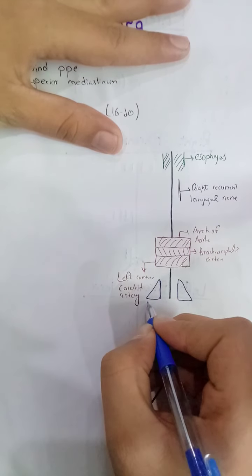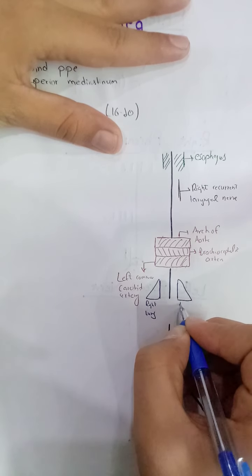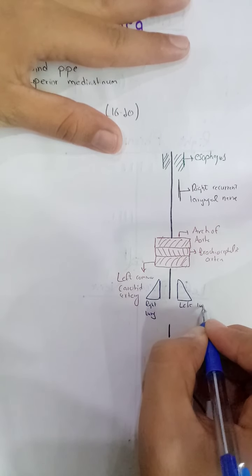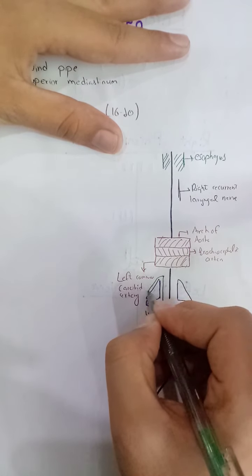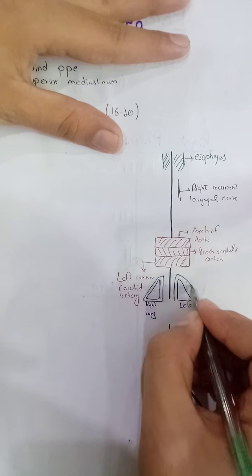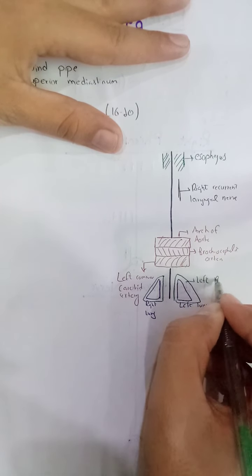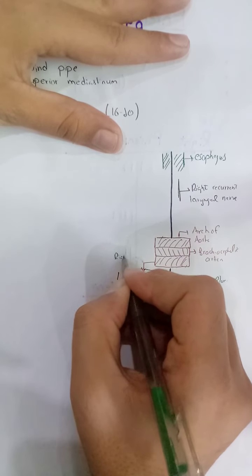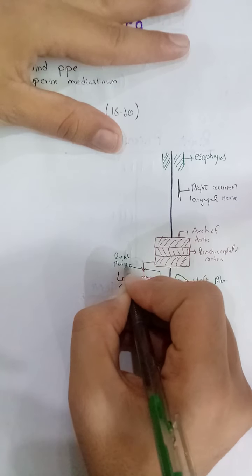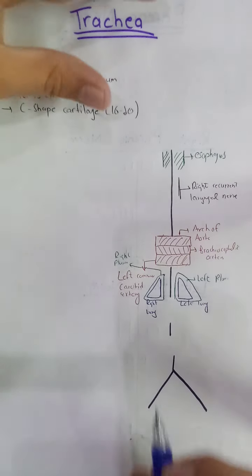Similarly, on its right side will be the right pleura, which is a sac surrounding the lung, and on its left side will be the left pleura.